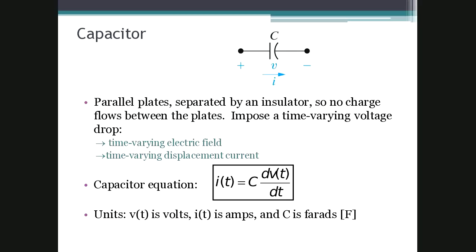And again, the third bullet here: v(t), looking at units, is in volts. i(t) for current is in amps, and C is what we call capacitance, and it's measured in farads. The unit, or the symbol, is F.